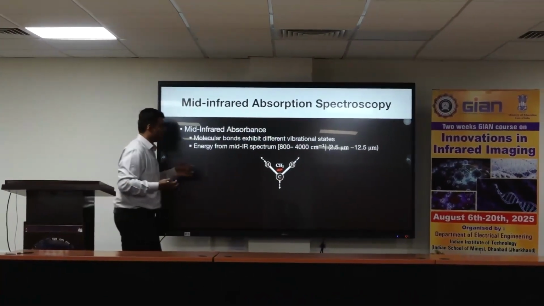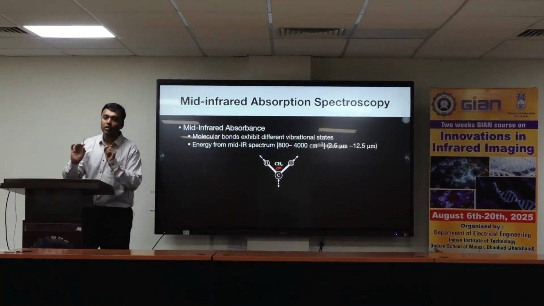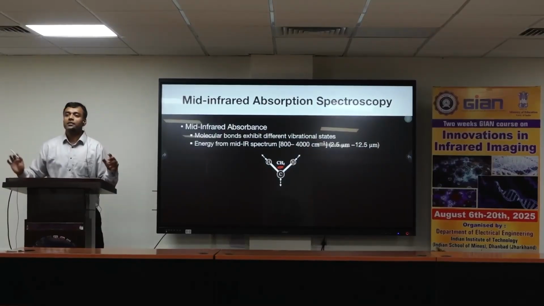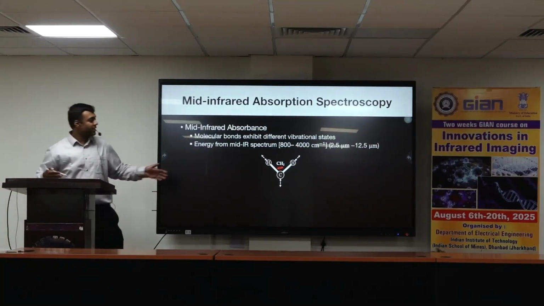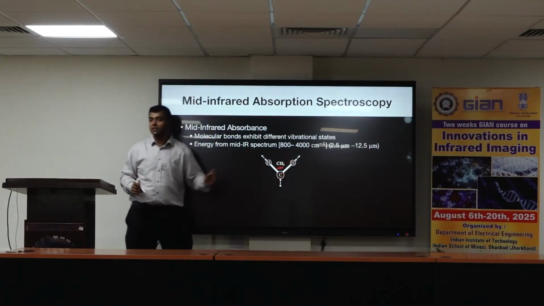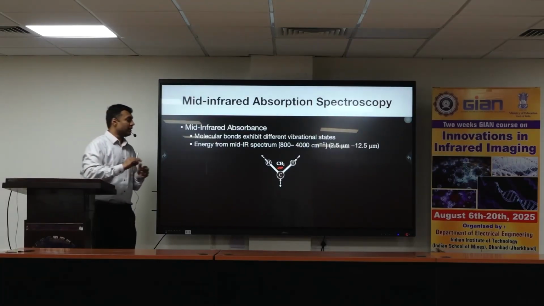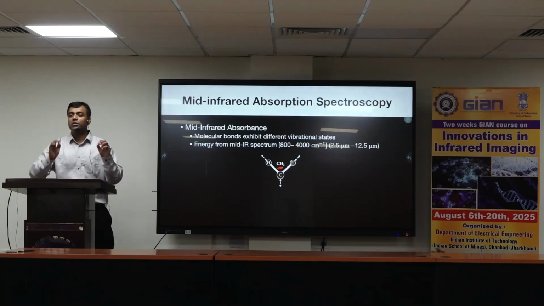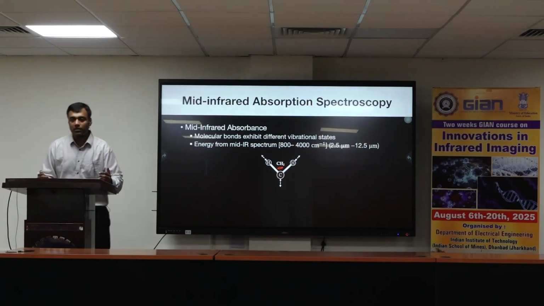Any molecule consists of a combination of molecular bonds. And if you know the combination of molecular bonds that are present, then for many organic molecules you can figure out the molecule by making a spectral measurement. You make a measurement over a large range of wavelengths. Each bond has a peak at a different location. By taking the combination of these molecular bonds, you can figure out what molecule it is.